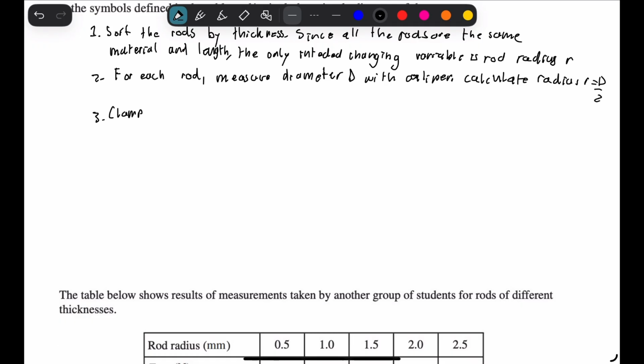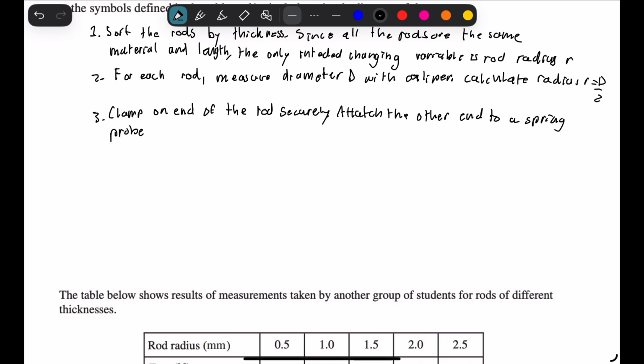We're going to clamp one end of the rod securely, attach the other end to a spring probe or a spring scale so we can measure that.